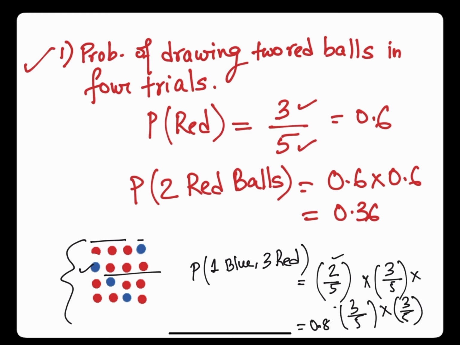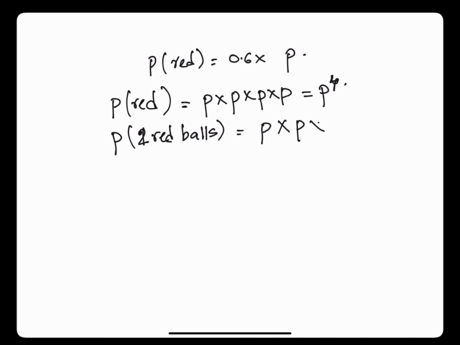Similarly, the probability of drawing two red balls would be given by p squared, because we have two red balls, into 1 minus p whole squared, because we have two blue balls in the mix.